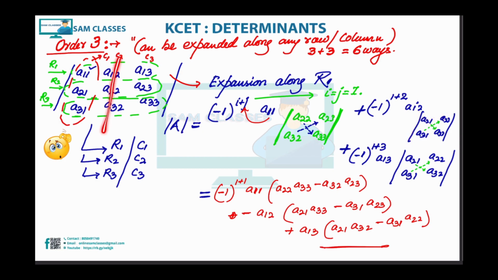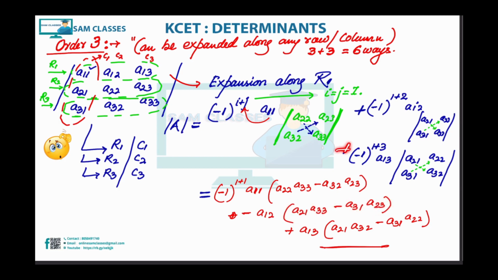A12, again, if you have taken this, leave that row, leave that column. It's like a cross sign. Leave that row, leave that column. So what do you get? A21, A23, A31, A33. Multiply top to bottom, bottom to top: A21 A33 minus A31 A23.